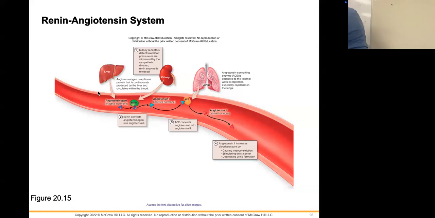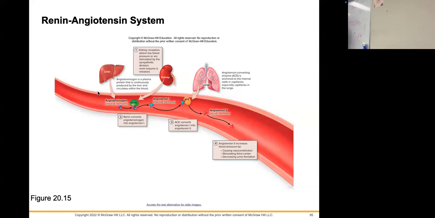The way we go from angiotensin 1 to angiotensin 2 is through a hormone called ACE. So this stands for angiotensin converting enzyme. Angiotensin converting enzyme is going to convert angiotensin 1 into angiotensin 2. So it converts first form into second form.